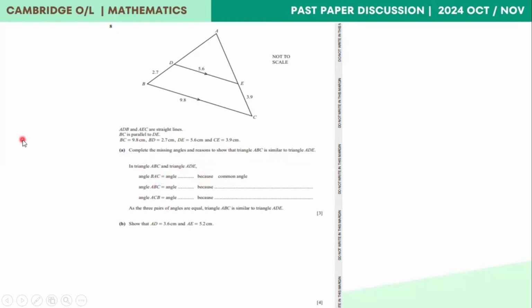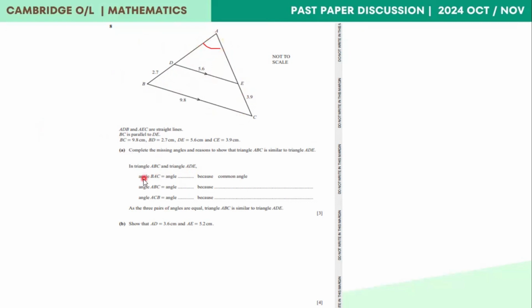So in this question, they have asked us to show which angle in ABC is equal to which angle in ADE. We go in their order. Firstly, they considered BAC. Remember, the triangles we are considering are ABC, this whole triangle, and ADE.